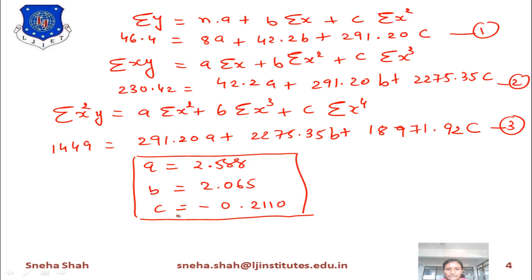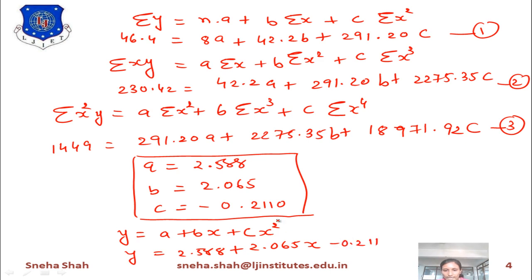Now if we put these 3 values in the equation y equals a plus bx plus cx square, then the final answer is y equals 2.588 plus 2.065x minus 0.211 x raised to 2, so x square.